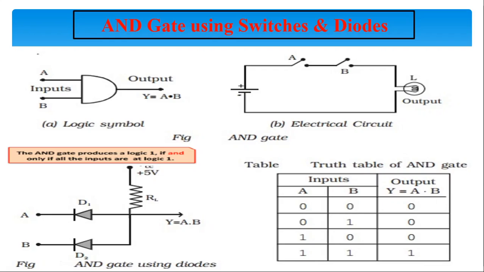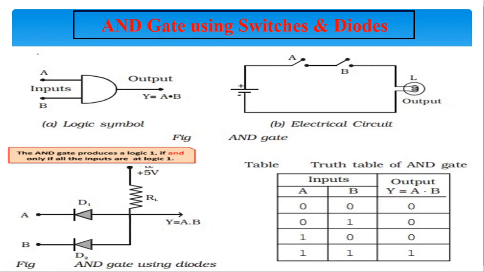When A and B are 0, both diodes are in forward bias condition, they conduct and act as closed switches, and hence the output will be 0 because the supply voltage VCC will be dropped across the resistor RL, and therefore the output Y is equal to 0.